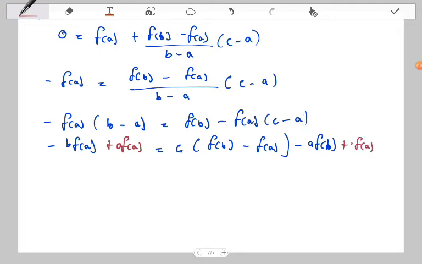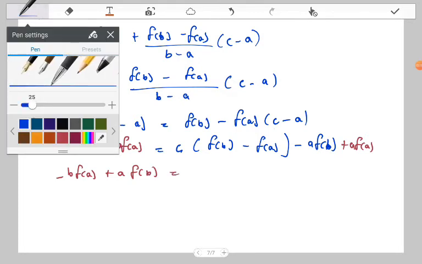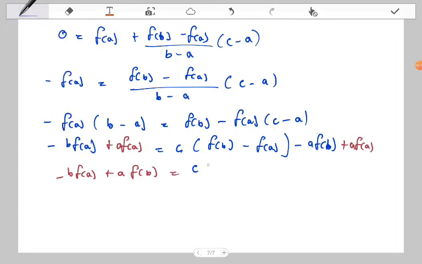So this and that are the same, so we can just cancel this out. Take this to the other side, so you are left with minus b f of a plus a f of b is equal to c times (f of b minus f of a).